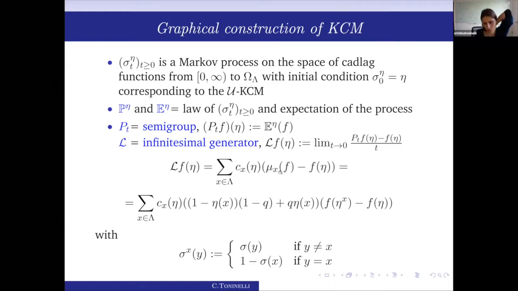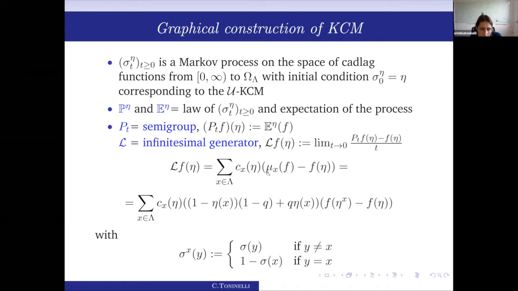So why this mu x of f? Because I'm throwing away the occupation variable that I had before on that site, and I'm replacing it with a fresh variable, which is 1 with probability 1 minus q and 0 with probability q. This corresponds to choosing it according to the restriction on that site of the Bernoulli measure.